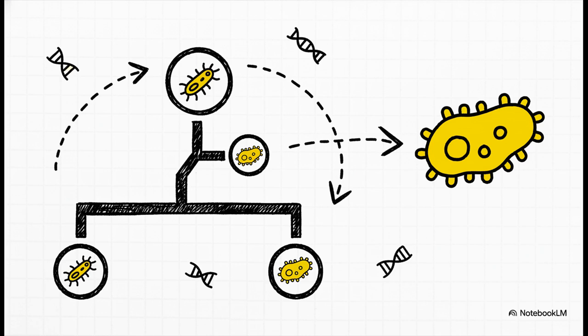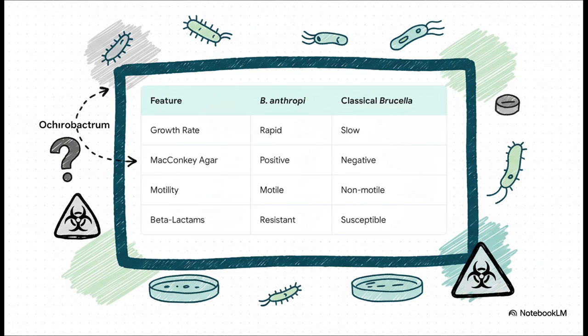So to clean things up and make the whole family monophyletic, a single neat branch, they decided to rename the whole group under the older, more established name, Brucella. Sounds logical, right? Well, it's a perfect example of a taxonomically elegant solution causing a massive real-world headache for us in the clinical lab.